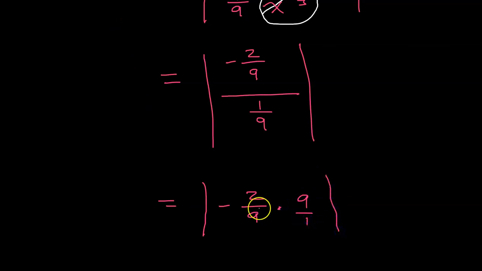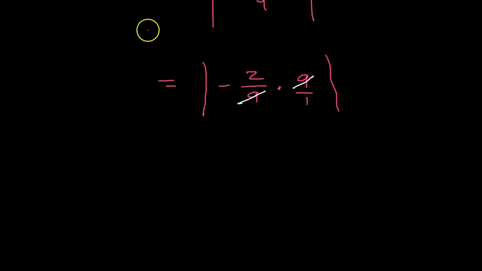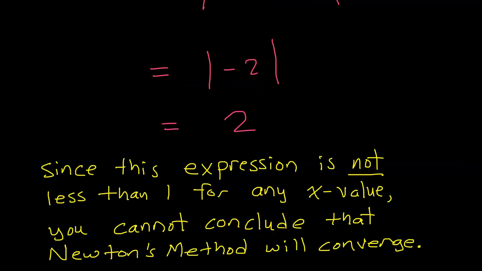But you can probably see that these 9s are going to cancel each other out. So that's going to leave me with the absolute value of negative 2, which is equal to positive 2. Since this expression is not less than 1 for any x value, you cannot conclude that Newton's method will converge.